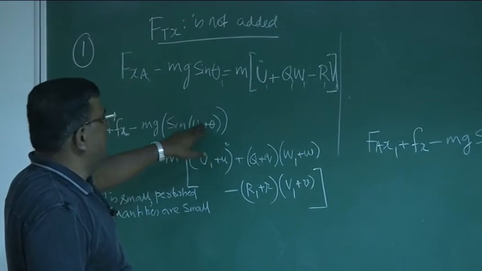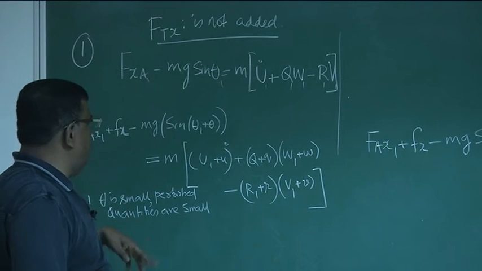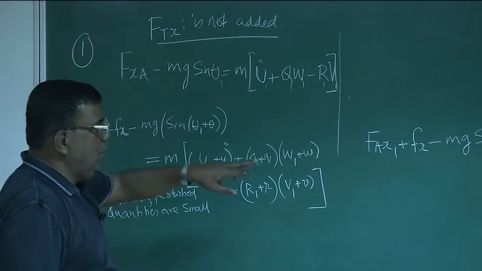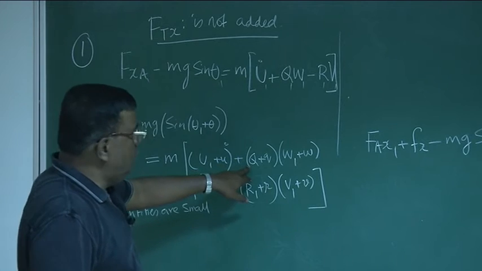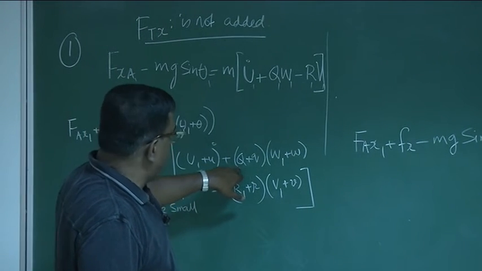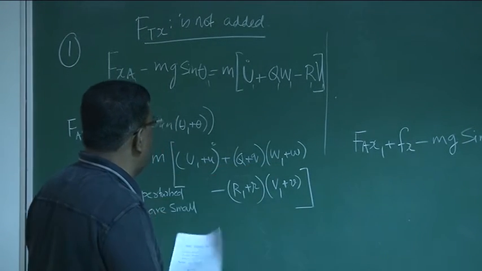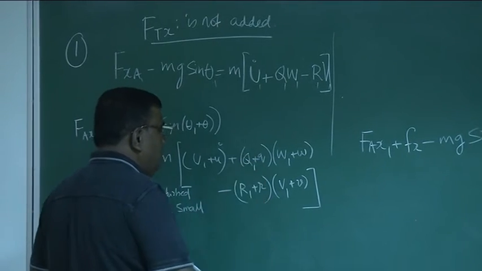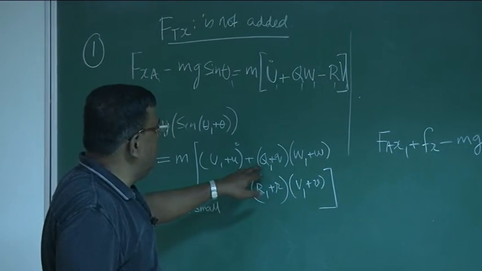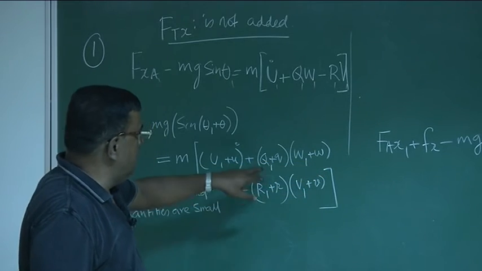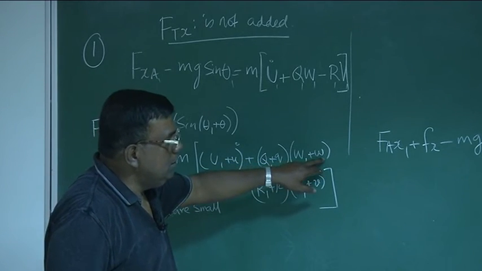I have to expand sine a plus b, so I'll get those terms. Here u1 dot plus u dot. You see here q1 into w1, so this is basically at steady state. So it is q1 w1. That term is there. q1 small w is also there.